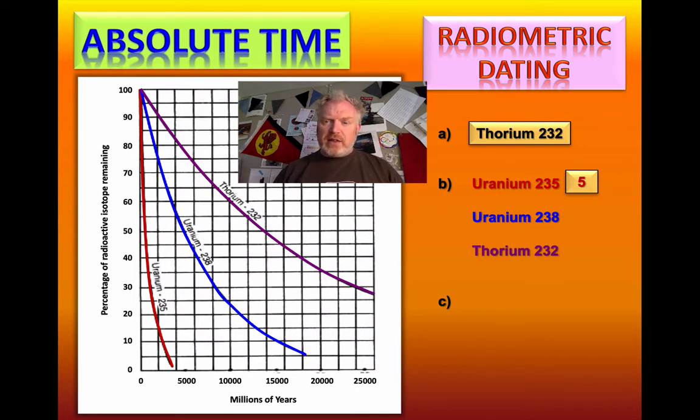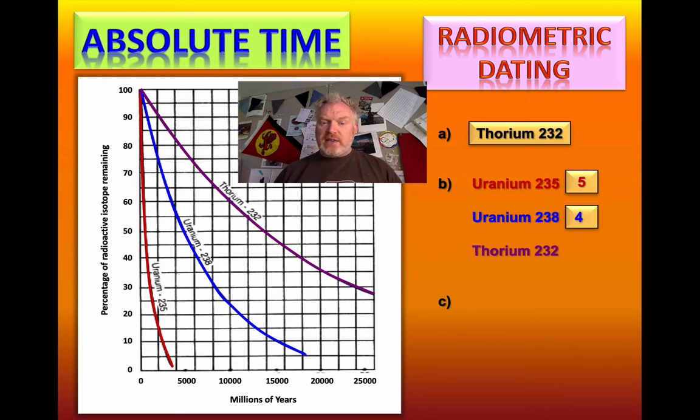That's because that line, the red line on the graph there, goes through 50% for one half-life, 25% for 2 half-lives, 12.5% for 3, 6.25% for 4, and it ends up at 3.125% for 5 half-lives.